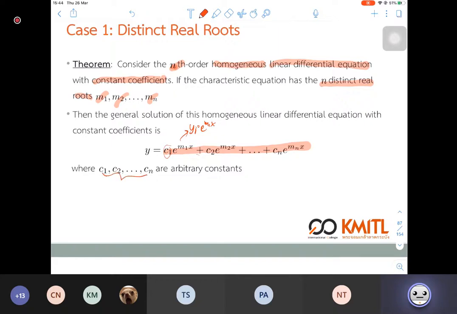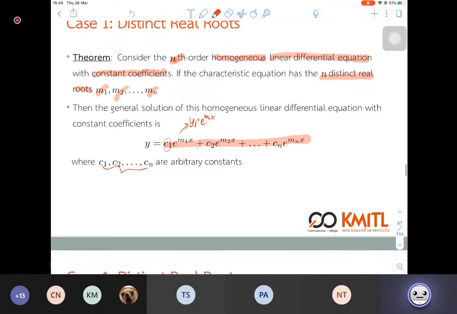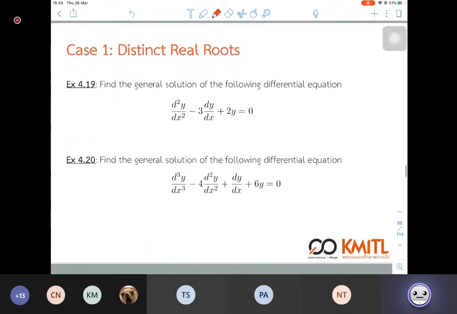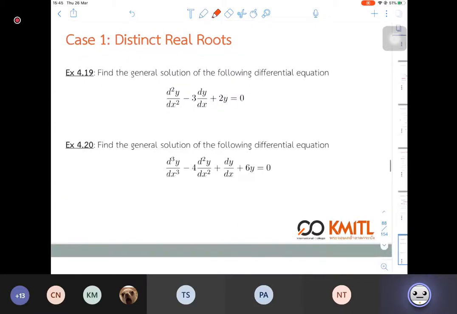Those C would be just constants. Again, for an nth order homogeneous linear differential equation with constant coefficients, you should have those conditions first. If you find that the roots of the characteristic equation are real and distinct, then you can say that the general solution can be written down like that. Okay, so let's see this example.